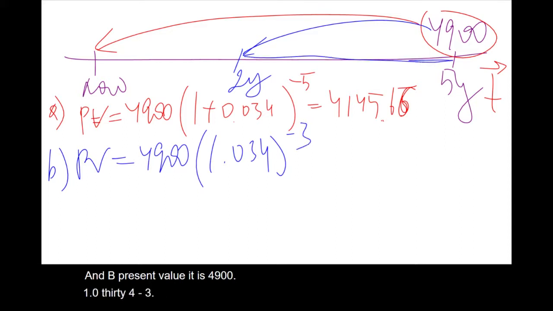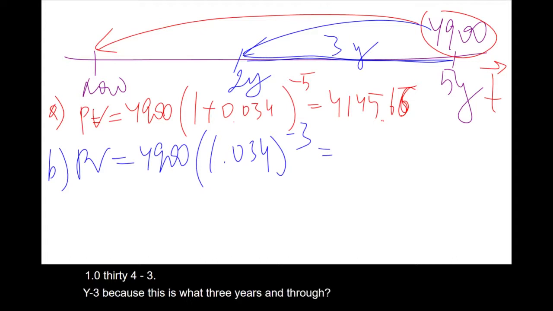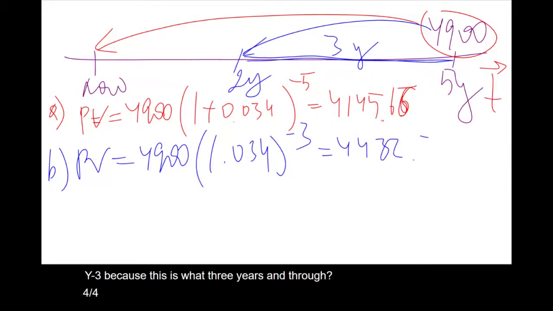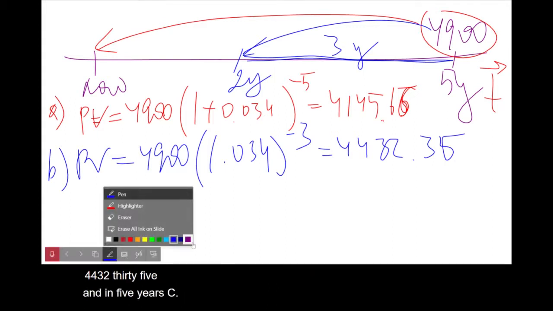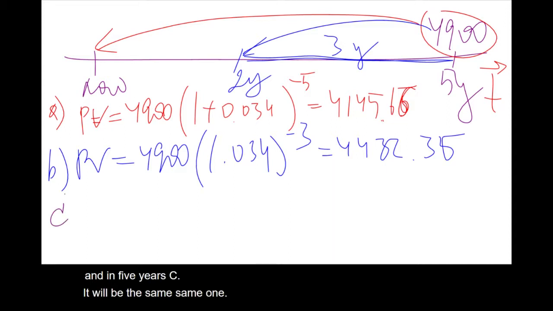Why 3? Because this is a 3 year interval, right? 4432.35. And in 5 years, C, it will be the same amount, 4900. That's it.